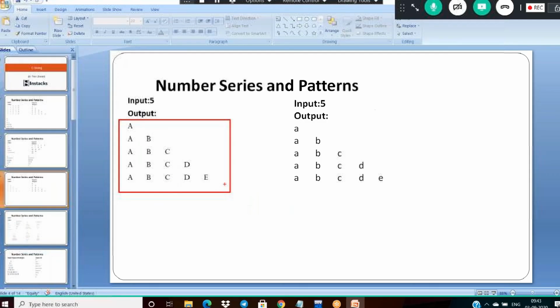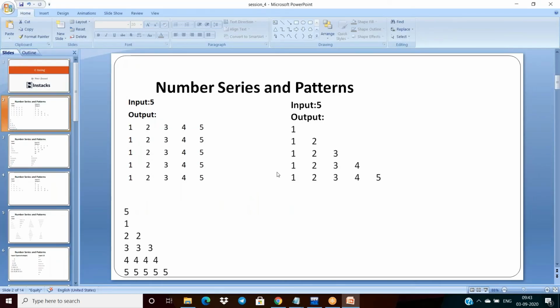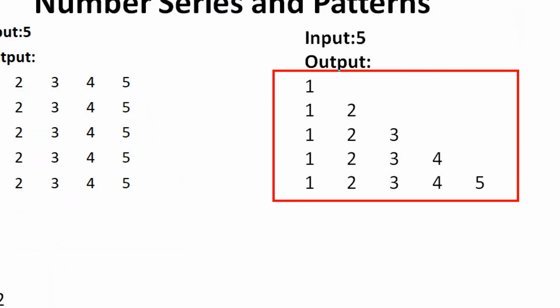It's almost similar to this pattern here. So here 1, 1 2, 1 2 3, 1 2 3 4, and replace this one with capital A, this with capital A capital B, and this with ABC, ABCD.